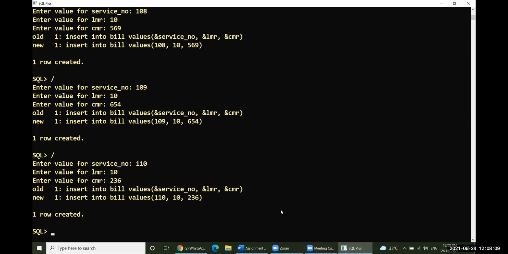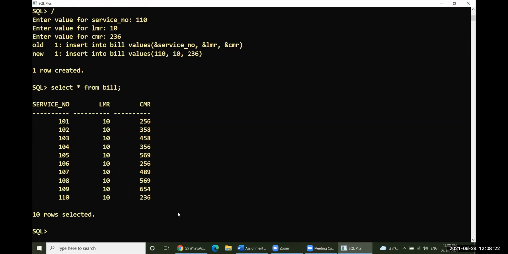Okay, so a certain amount of data has been introduced into bill here. So select everything from bill. 10 rows of data have been introduced.